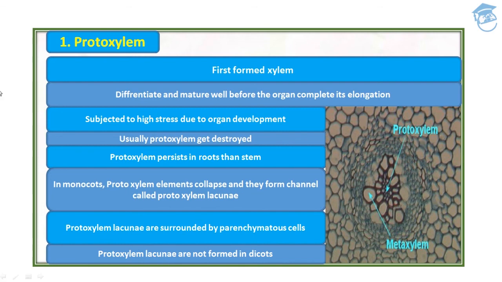In monocots, students, protoxylem elements collapse and form a channel, which is called protoxylem lacunae. Protoxylem lacunae are surrounded by parenchymatous cells, and they are not formed in dicots. So it is a unique characteristic found only in monocots.